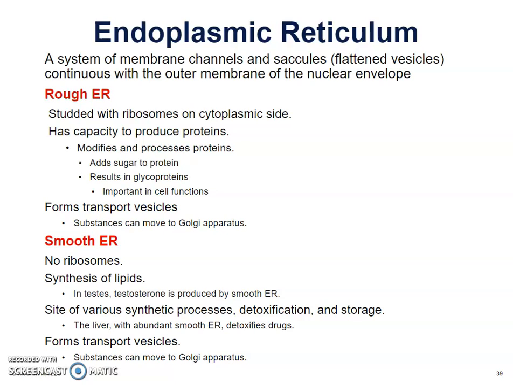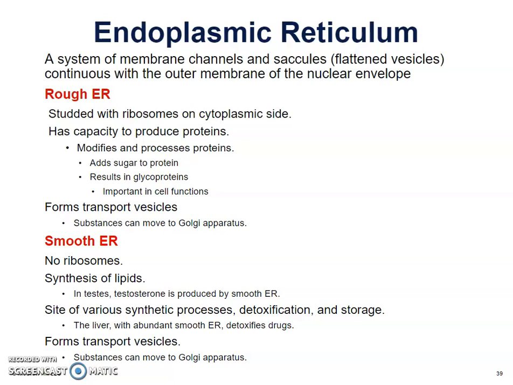Most of the endoplasmic reticulum, not a small amount, but a lot of it, is studded with ribosomes. It is called the rough ER, rough endoplasmic reticulum, because it looks bumpy whenever you look at it under an electron microscope. The ribosomes produce proteins, and those proteins are used in the ER to make other things.